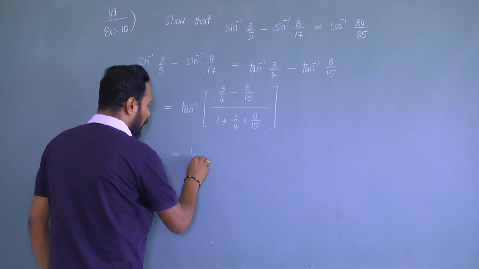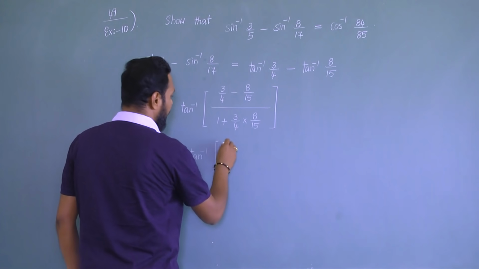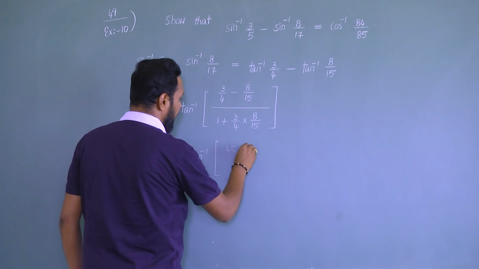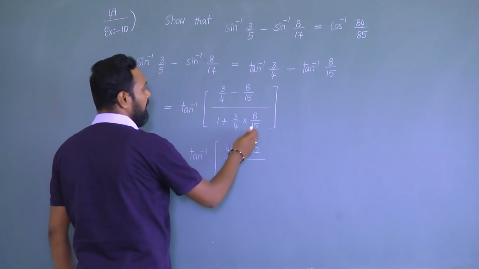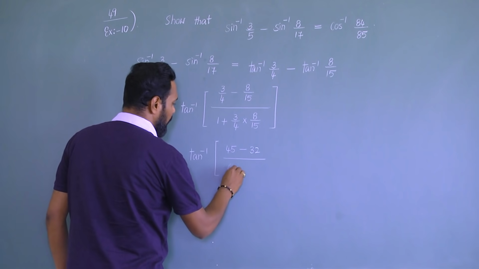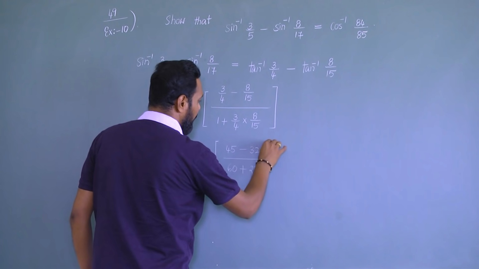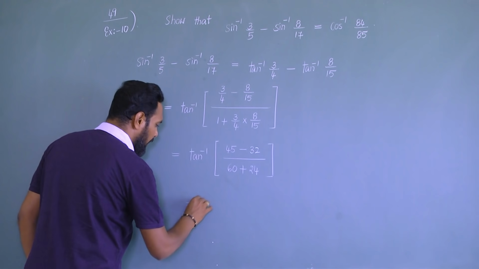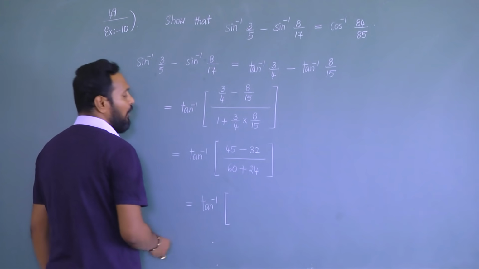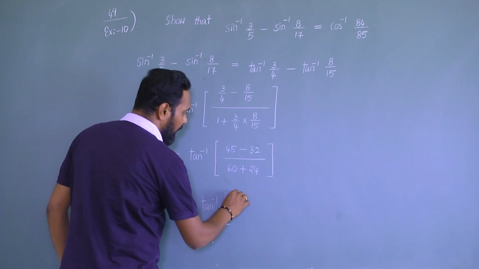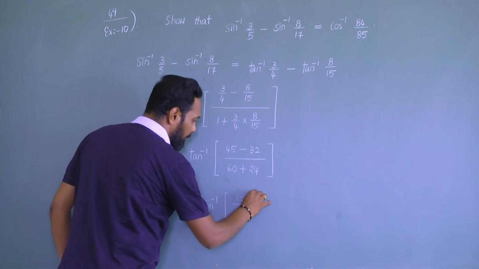Then on simplification, tan inverse of 15 3s are 45 minus 8 4s are 32 divided by 15 into 4, 60, plus 8 3s are 24. So this is tan inverse of 45 minus 32, it is 13, divided by 84.